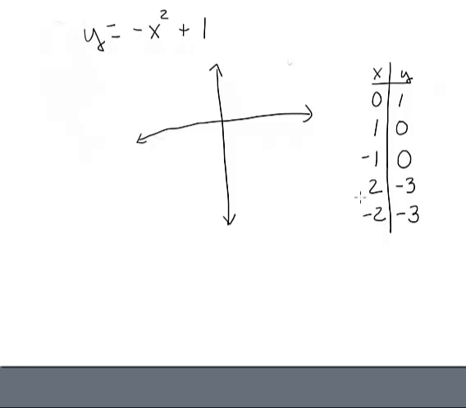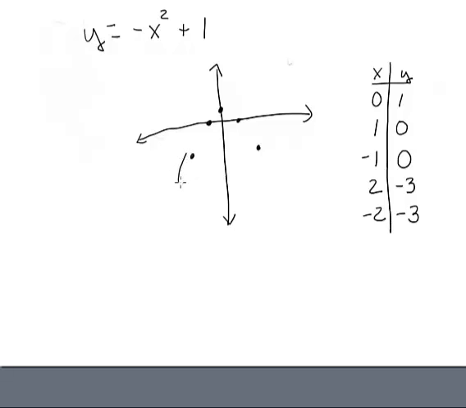So let's see what this kind of looks like. 0, 1, 1, 0, negative 1, 0, 2, negative 3, negative 2, negative 3. We can see our parabola forming, so we can try and connect these.